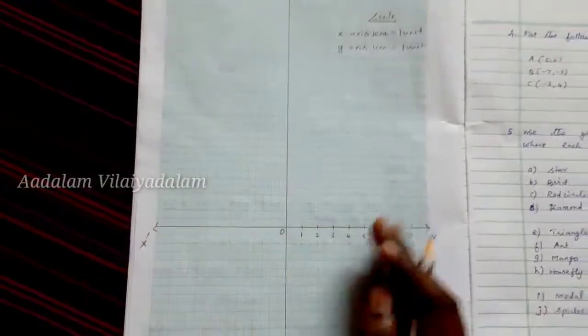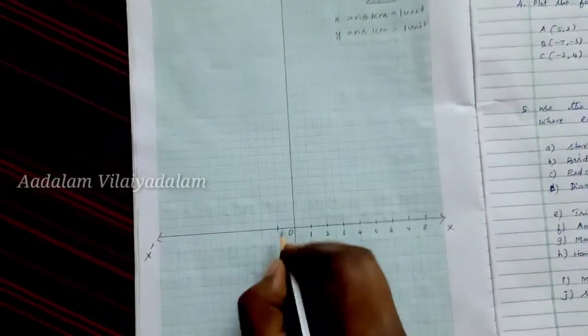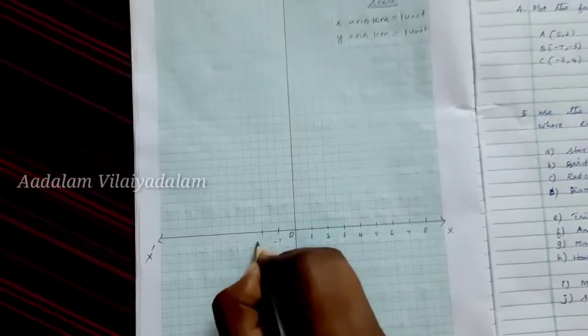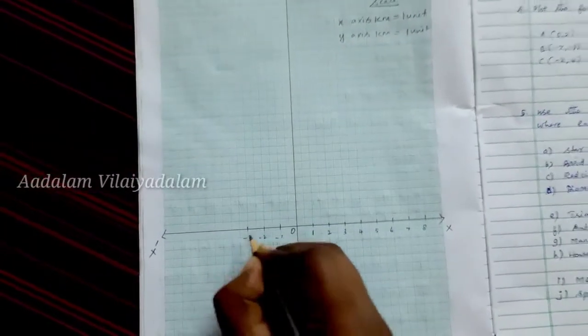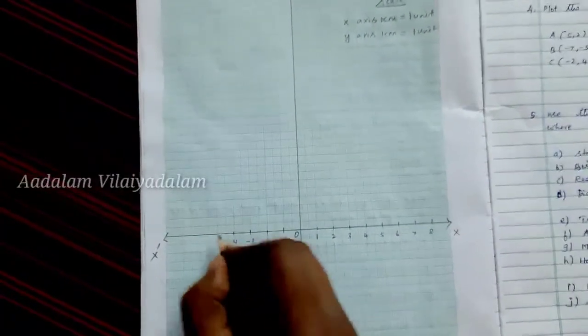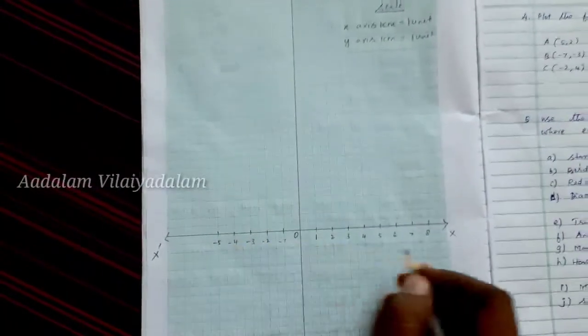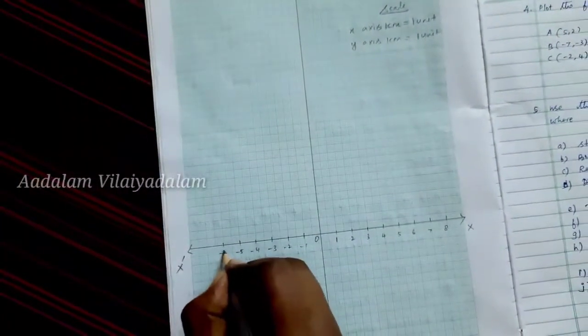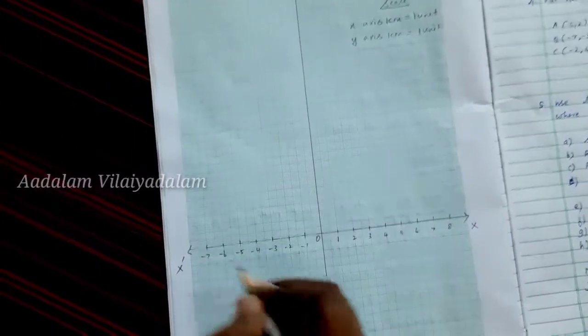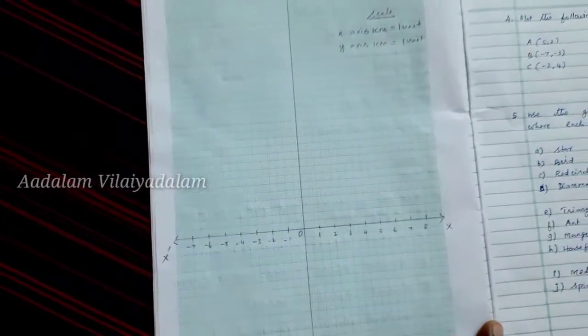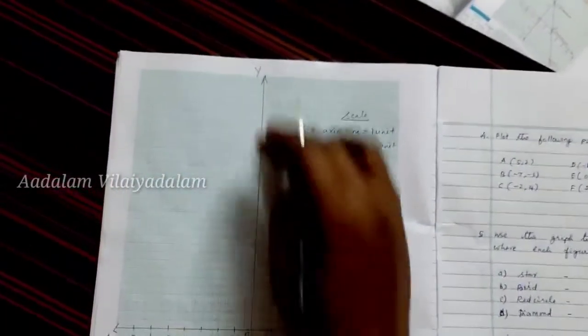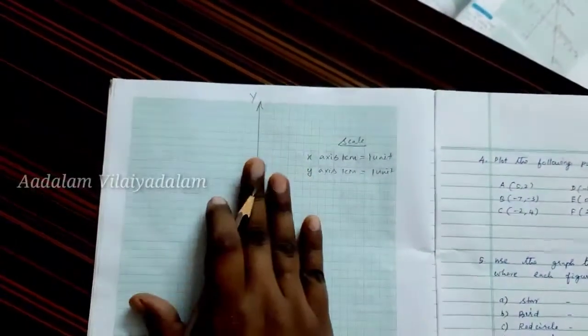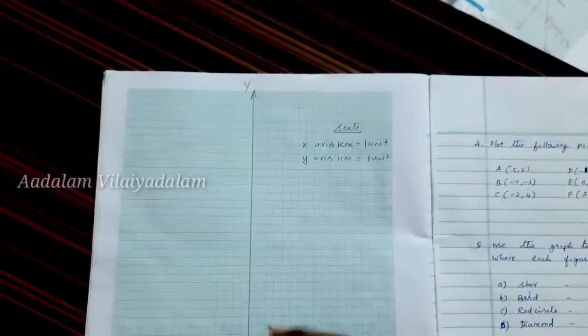So on the right side you will get positive. On the left side you will get negative integers, that is -1, -2, -3, -4, -5, -6 and -7 we will get. Now for the y-axis, on the top we will have positive values.